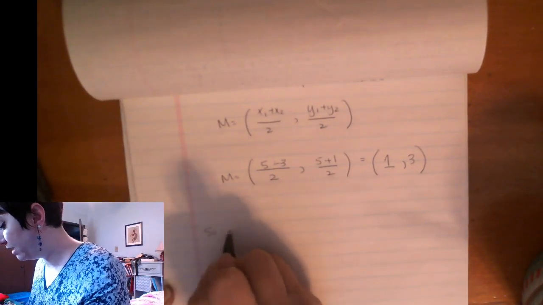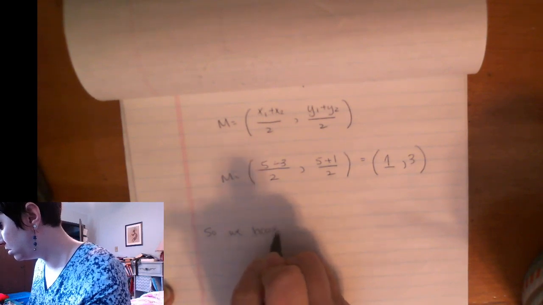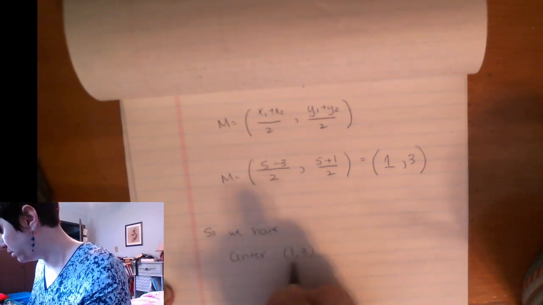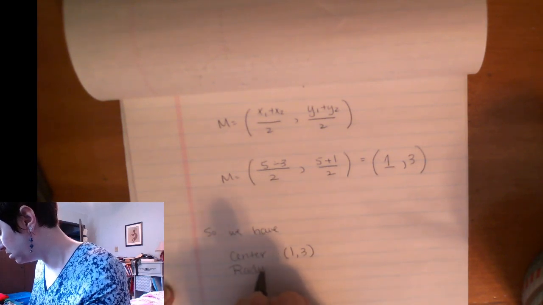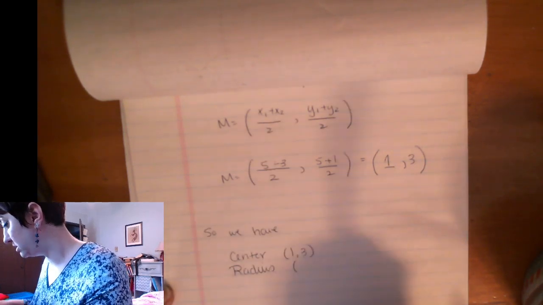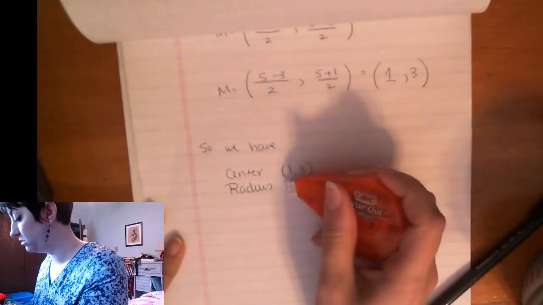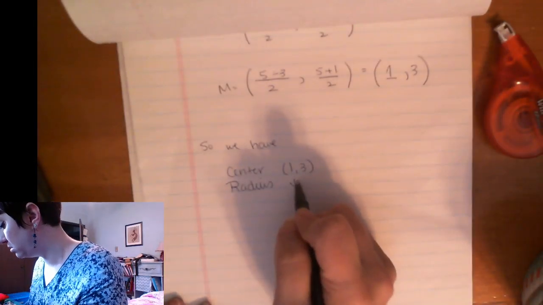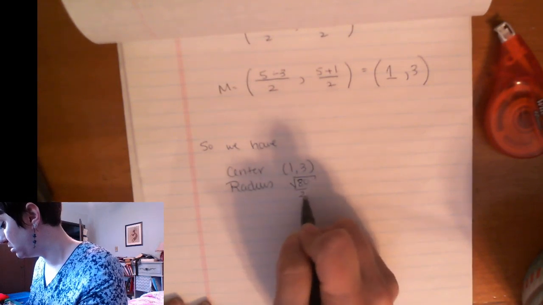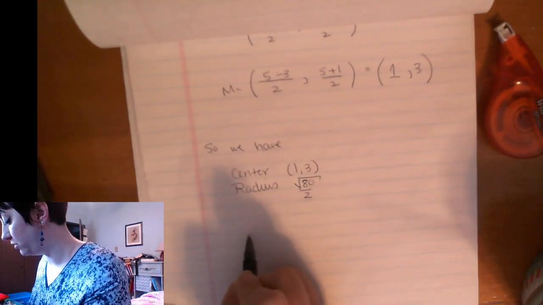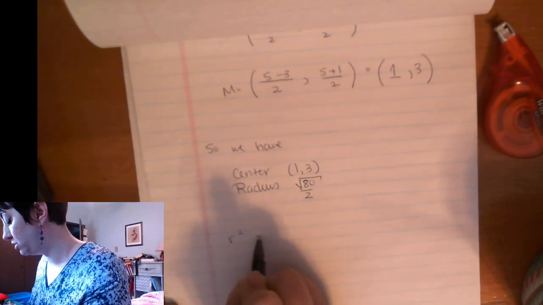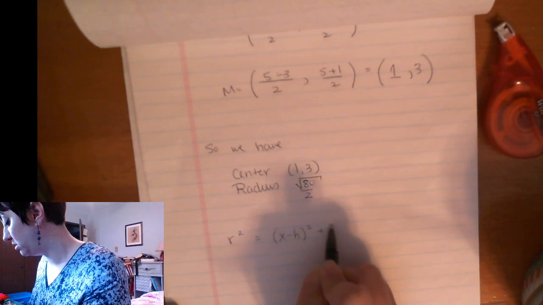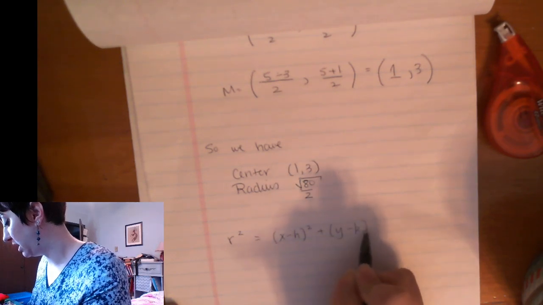So we have a center of 1, 3 and a radius of square root of 80 over 2. So we get r squared is x minus h squared plus y minus k squared.